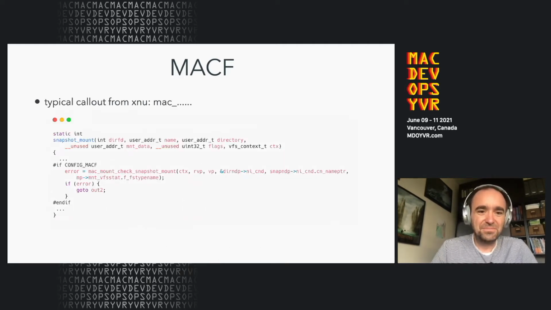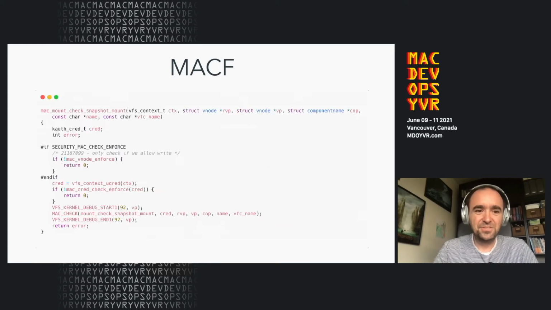So just to give you a brief overview of how the MAC hooks happen on the kernel side. I picked the snapshot mount system call, which can mount an APFS snapshot. It has a function called mac_mount_check_snapshot_mount, and basically this is a call out to the MAC policy modules.